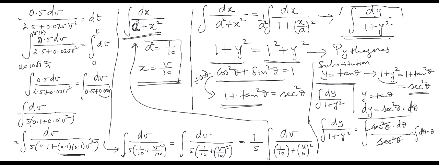Going back to our original variable, the integral of dy by 1 plus y square is theta, and theta is nothing but tan inverse of y, plus an integration constant c. So we completed the integration.